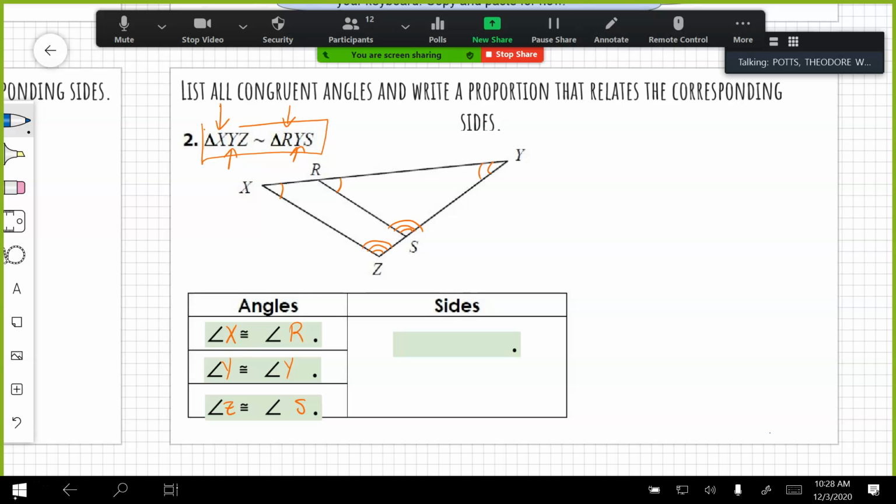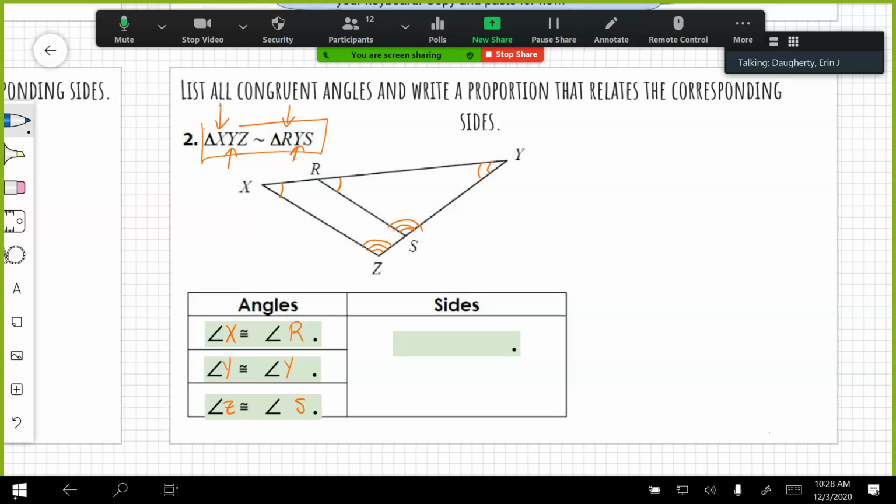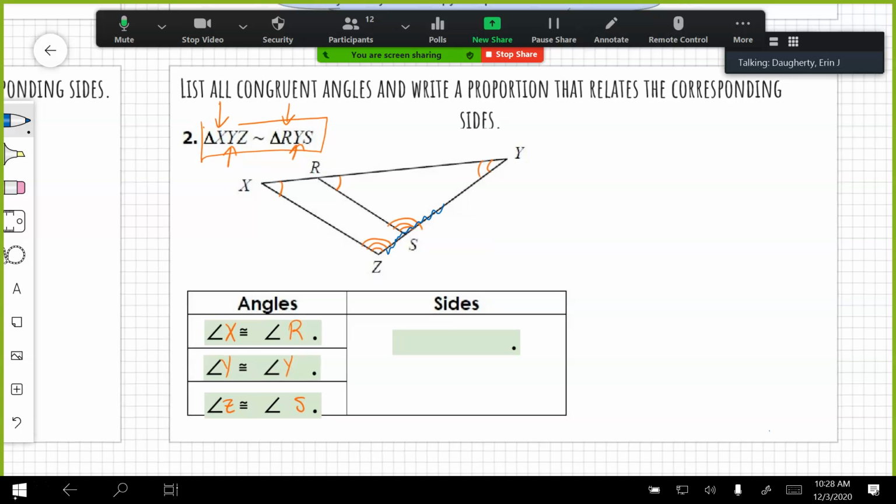Give me any two letters on a triangle. ZY. All right, so if we're looking at Z all the way to Y, that's this one right here. So we have ZY divided by, so we're going to start off with ZY. What's corresponding to ZY on the other triangle?